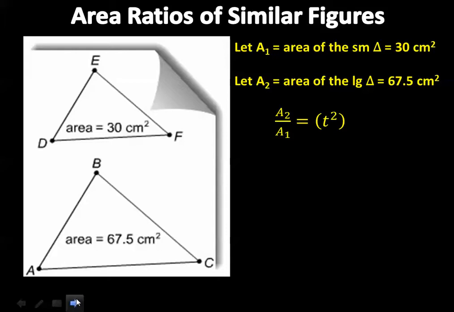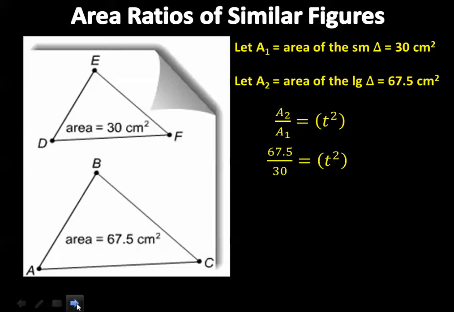We can use this relationship to solve problems. So let's walk through this example that shows how to find the scale factor between two similar figures. We're going to let A1 equal the area of the small triangle, which is 30 centimeters squared. And we're going to let A2 equal the area of the large triangle, which is 67.5 centimeters squared.